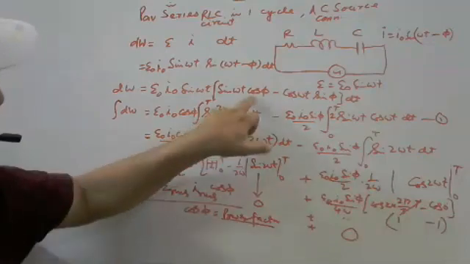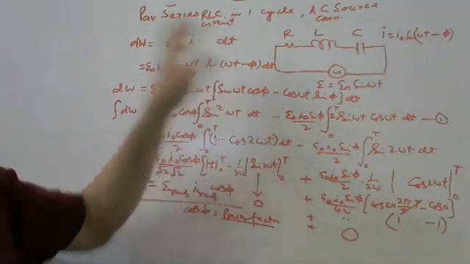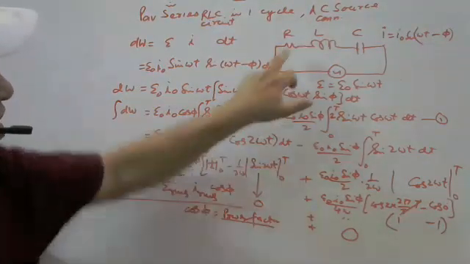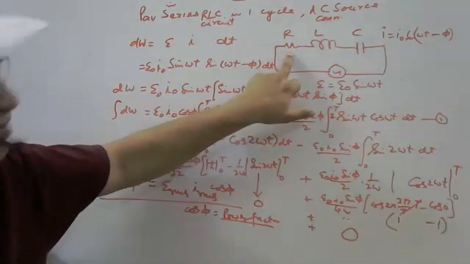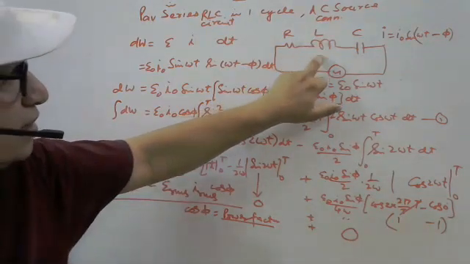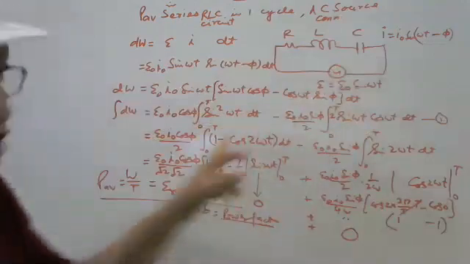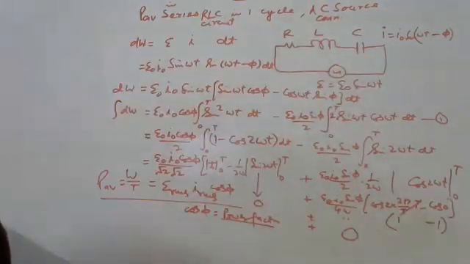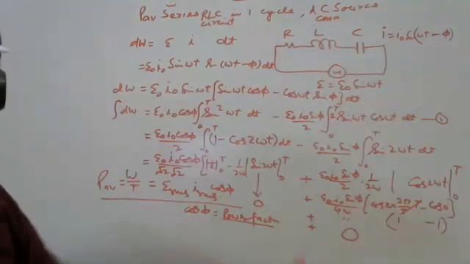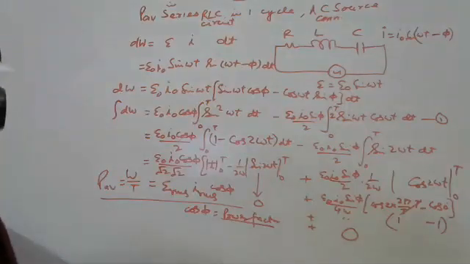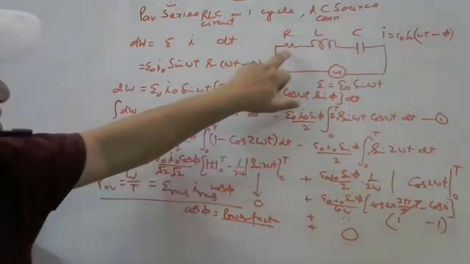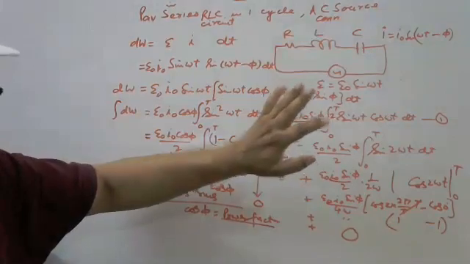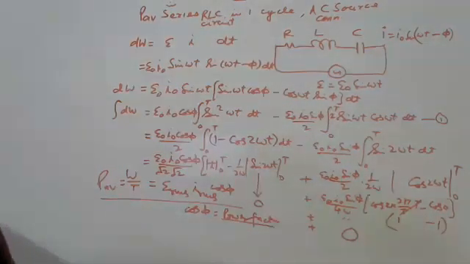If you know this formula derivation, you already know the formula for power average in case of resistance, in case of inductance, in case of capacitance also. So you just learn this one, all the formula, all the derivation you know. Because without knowing the formula individually for resistance, inductance, capacitance, you cannot derive it.